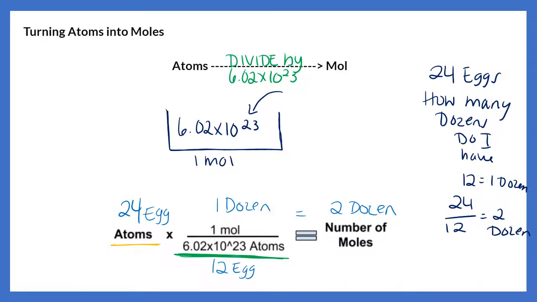Same thing, I have a certain number of atoms. I'm going to divide by how many atoms I have in my mole to figure out how many moles I have. I'm going to star this because if this page confuses you, you need to raise your hand and ask me for help, okay? We're going to go on to the next page and practice.